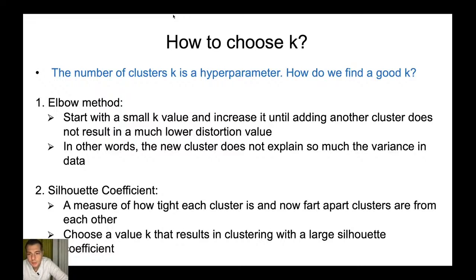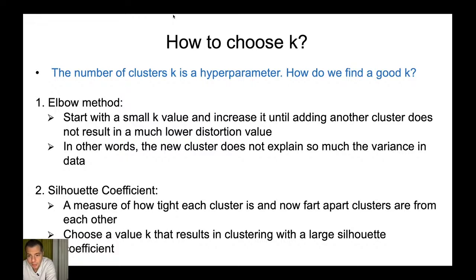Okay, so the other approach is called the silhouette coefficient. This is a measure of how tight each cluster is and how far apart from other clusters it is.